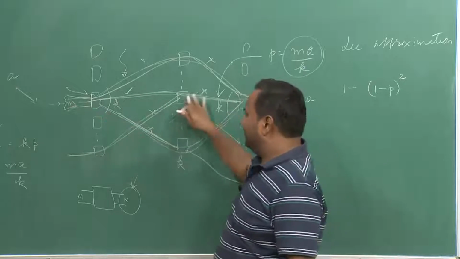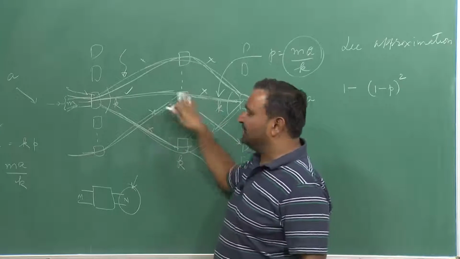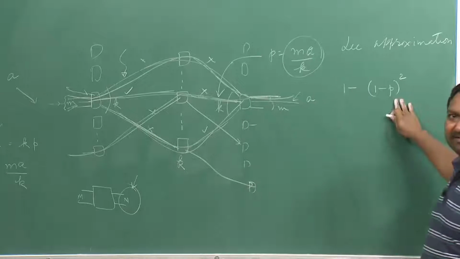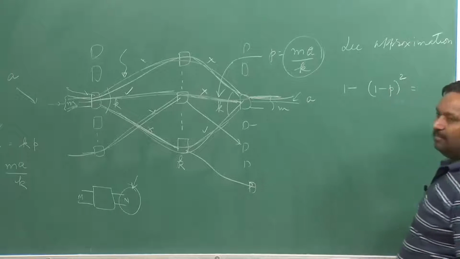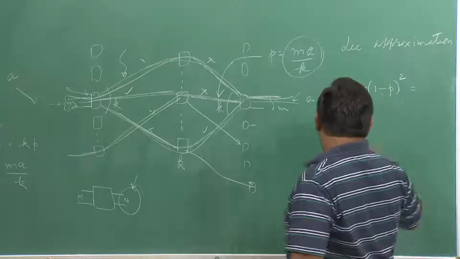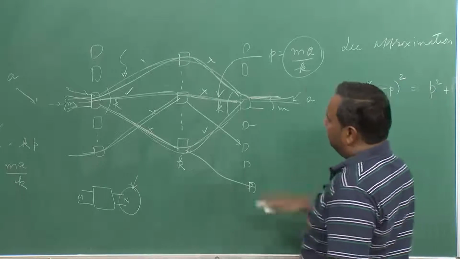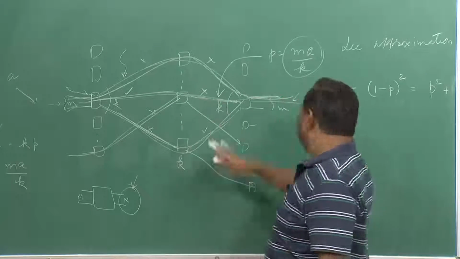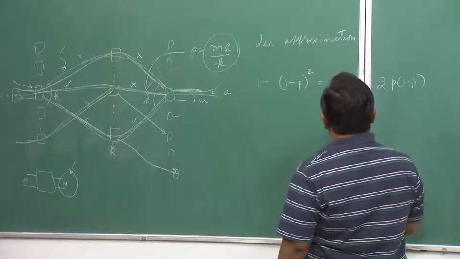So 1 minus this means the path is going to be occupied. This can happen because this is busy, or both of these links are busy. All three cases are taken here. So this is equal to the probability that both of them are busy, which is p square, plus this is busy and this is not busy, or this is busy and this is not busy, which is 2 into p into (1 minus p).